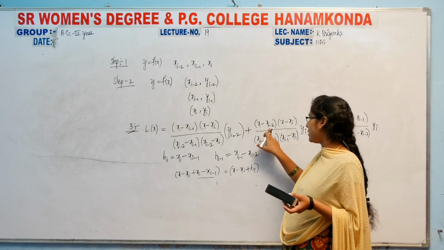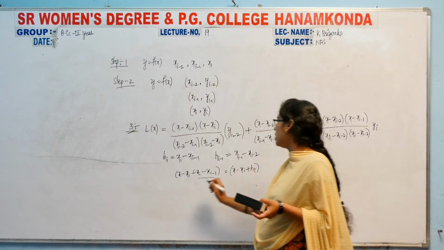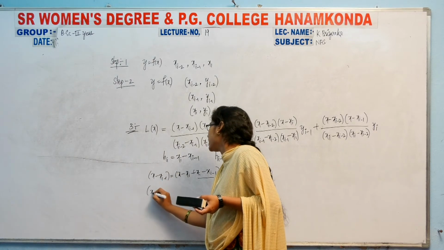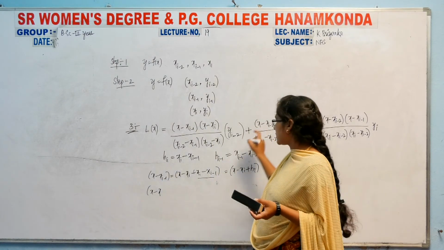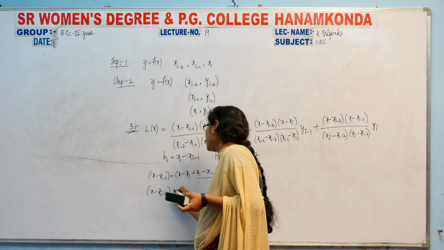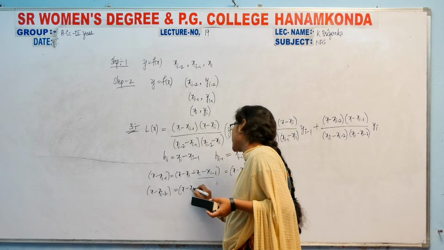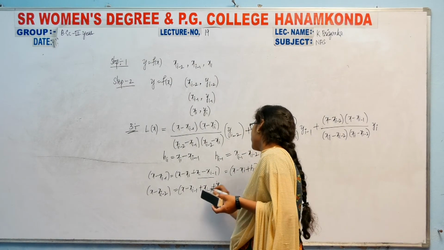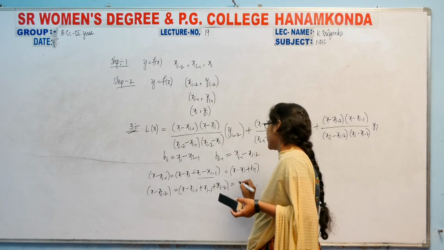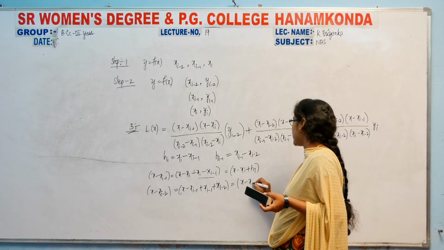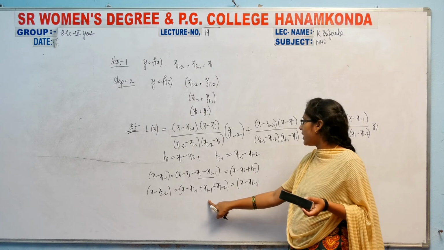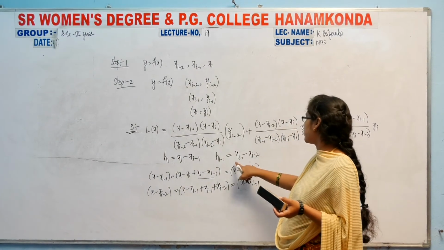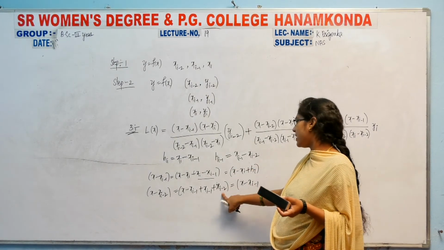Of course here we have xi minus 2. We have x minus xi minus 2 equal to x minus xi minus 1 plus, just adding and subtracting the xi minus 1 term, then x minus xi minus 1. Here h is nothing but xi minus 1 minus this one.